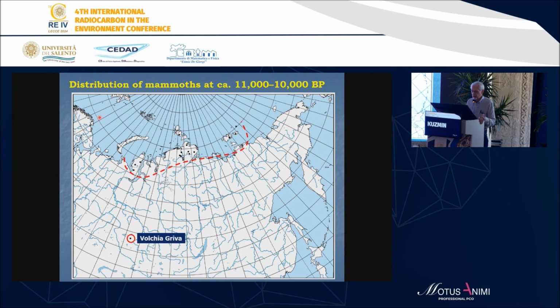When you come closer to the beginning of the Holocene or Younger Dryas, you can see only one refugium, at 55 degrees north in southern Siberia. The rest are beyond the Arctic Circle: Taimyr Peninsula, Yamal, and the islands. That's a real break of the mammoth habitat. And Volchya Griva, we are pretty certain, we have about 40 C14 dates on this site, and that's the youngest one. So we are pretty certain that's a definite refugium.